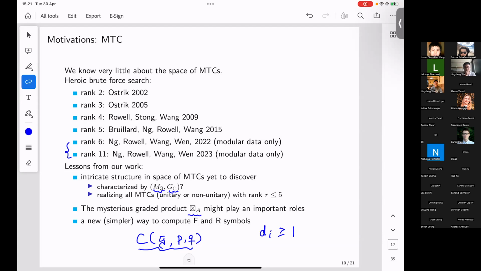The quantum dimension is good enough. But in case you want a constraint obeyed by unitary MTCs but not by non-unitary ones, I guess a much harder thing to check is to require the F and R to be unitary.